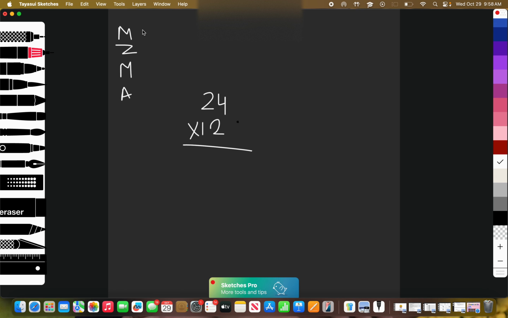In English, many zoos, many animals. But in math terms, it's multiplication, zeros, multiplication, addition.